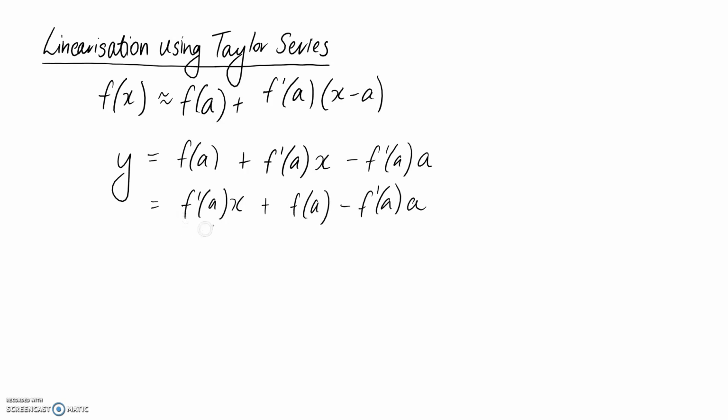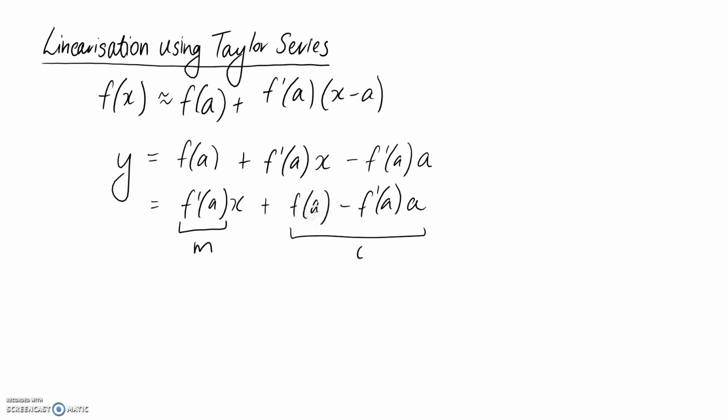So this f dash of a is equivalent to the m in the y equals mx plus c equation, because this is just going to be a number that falls out when you evaluate what the derivative is at our point of interest. So this is m times x, and then this stuff on the end, again, it should just be a constant. So this is going to be equivalent to the c in y equals mx plus c.